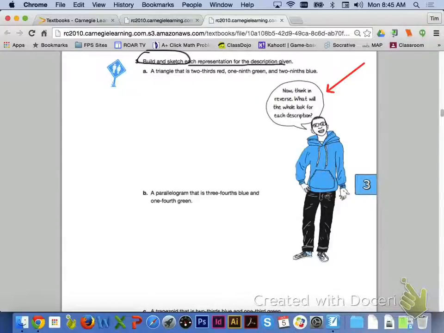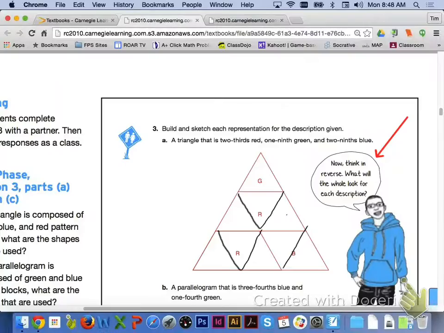So for letter A, we're looking at a triangle that is 2/3 red, 1/9 green, and 2/9 blue. So remember what our crew member is saying as far as thinking in reverse. Our whole is going to be 9ths. So if we would break up this sketch into all little green triangles, we would have 9ths that would represent our whole.